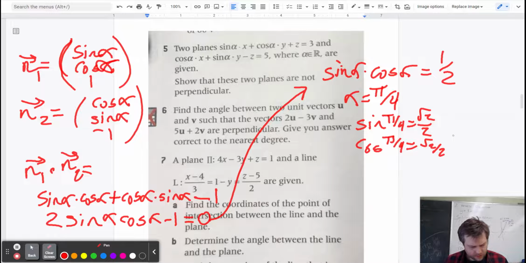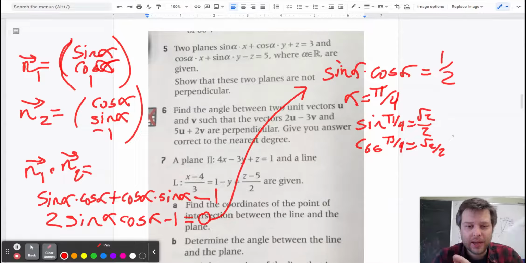Then their normal vectors are always perpendicular. So we check these planes are not perpendicular. Okay, that's cute. So it seems they neglected that sine alpha times cosine alpha can equal 1/2, which is a sad fact.